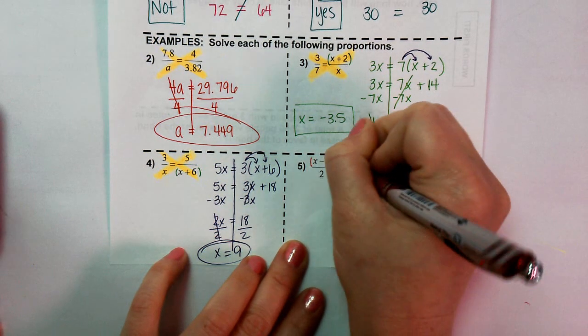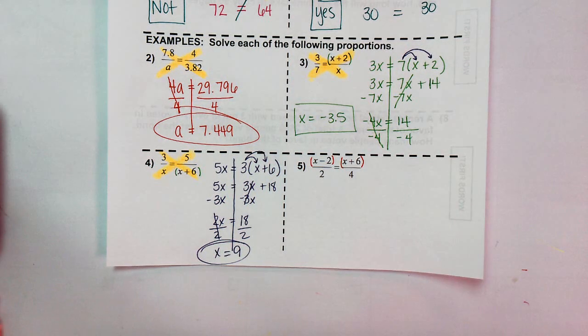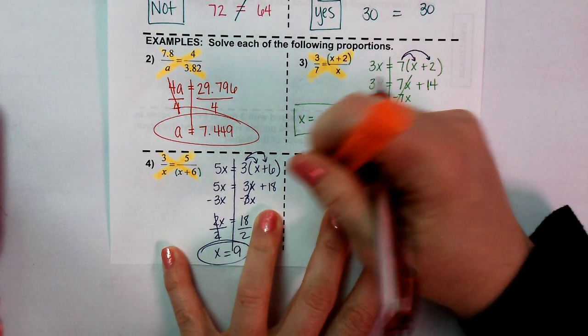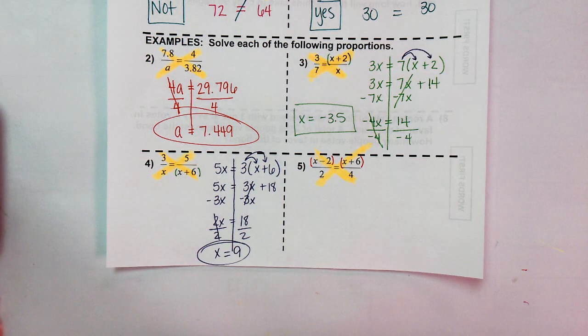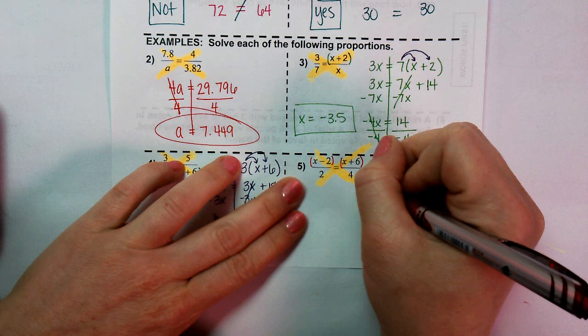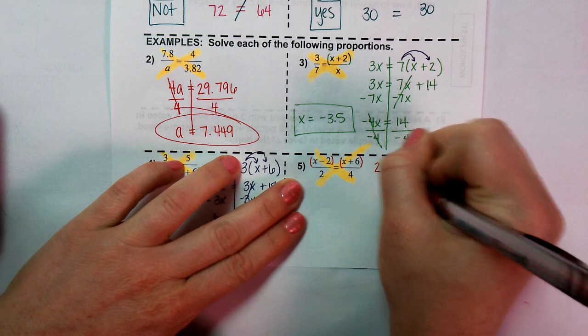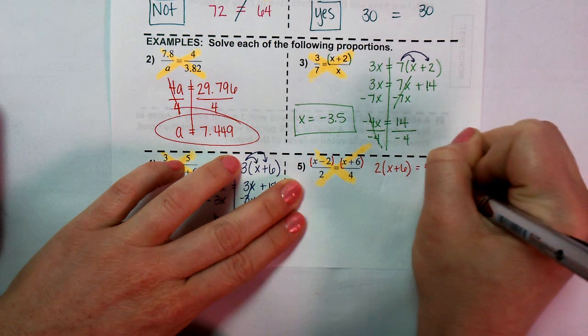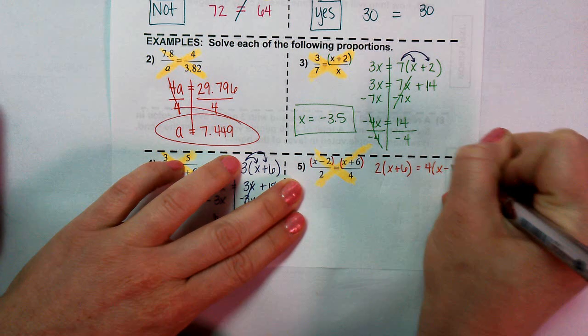This one you have to distribute on both. Right? There's 2 terms on both tops. So cross multiply for me. And I just put those X's so I know what goes with what. You don't have to do that on your paper if you already know. All right, so I'm going to have 2 times x plus 6 equals 4 times x minus 2.